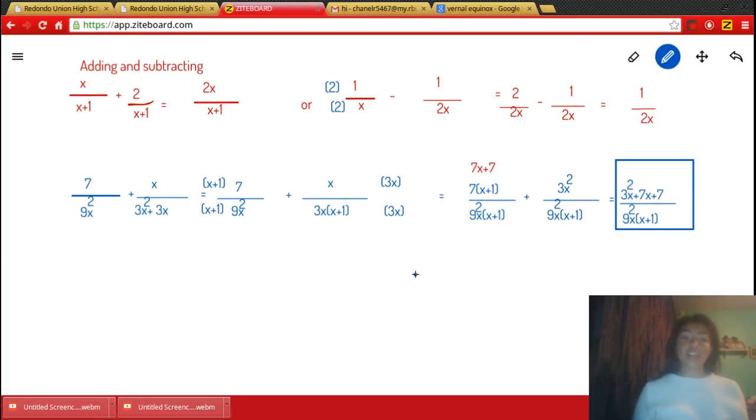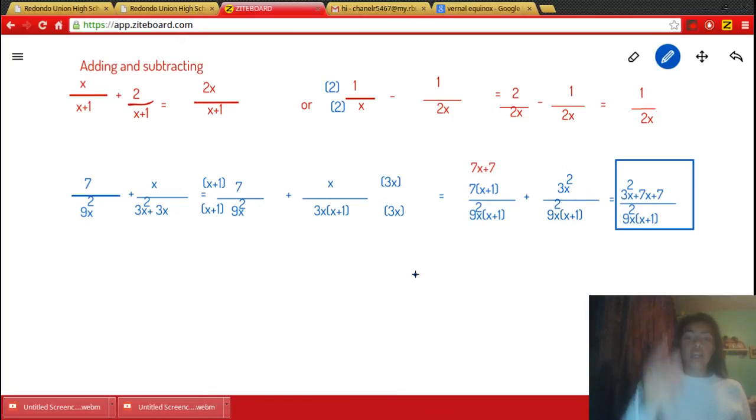So you get your 9x squared with your x plus 1. When you do that, you end up with your common denominators and new numerators, which is 7 parentheses x plus 1 and plus 3x squared.